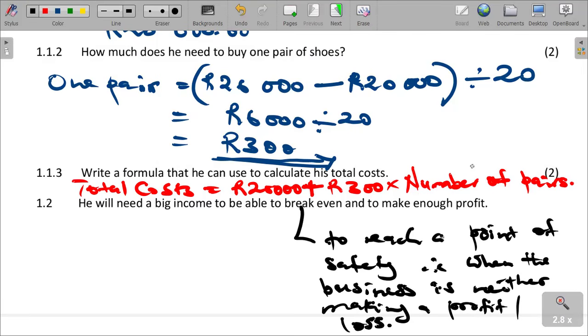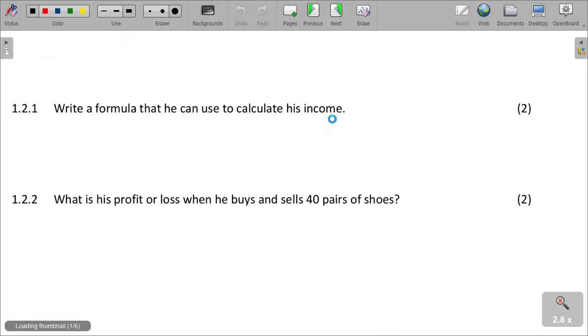The operating costs are taking every income that the business is making. That is the break-even point, a point at which the business is only making enough money to cover its operating expenses. So now, write a formula he can use to calculate his income.